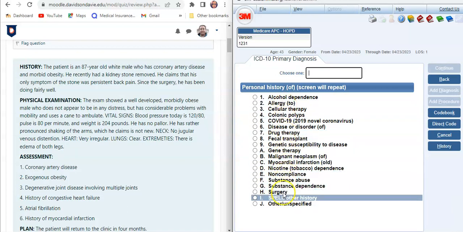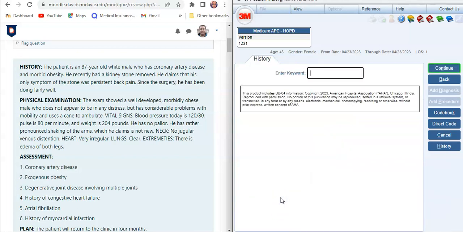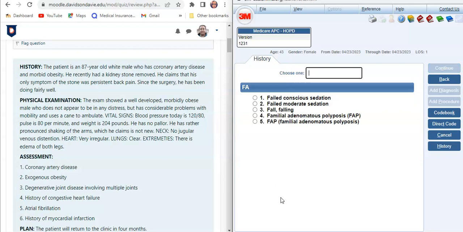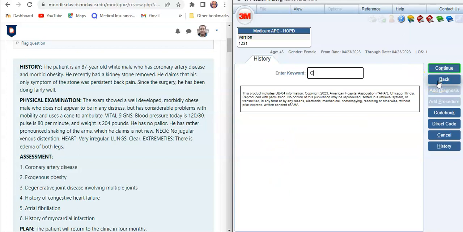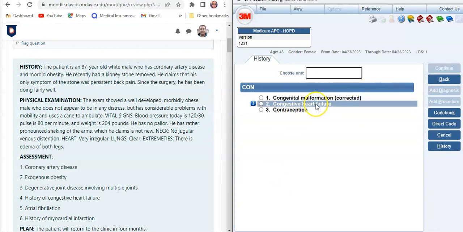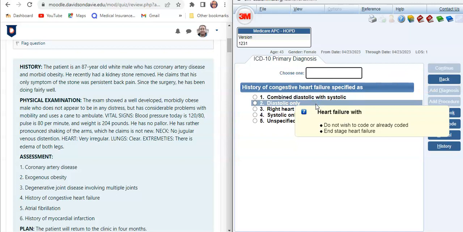Nothing there fits heart failure, so we're going to spell what that is. Failure. No, I don't see that. So let's just start off with congestive. Oh gosh, it's right there. Look at that. Right off the bat.